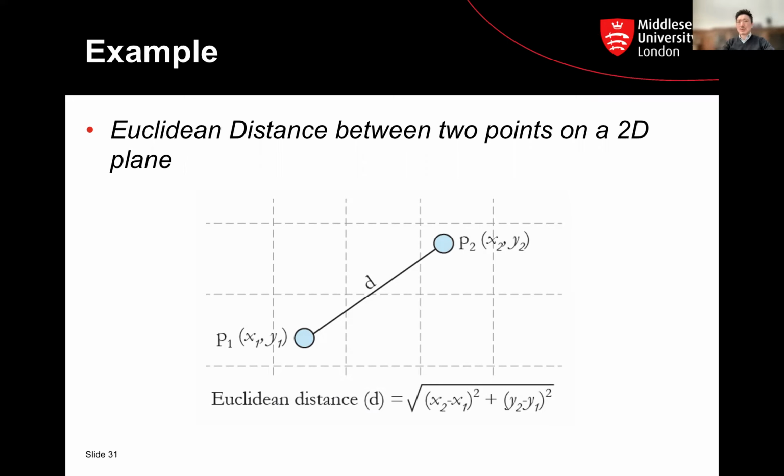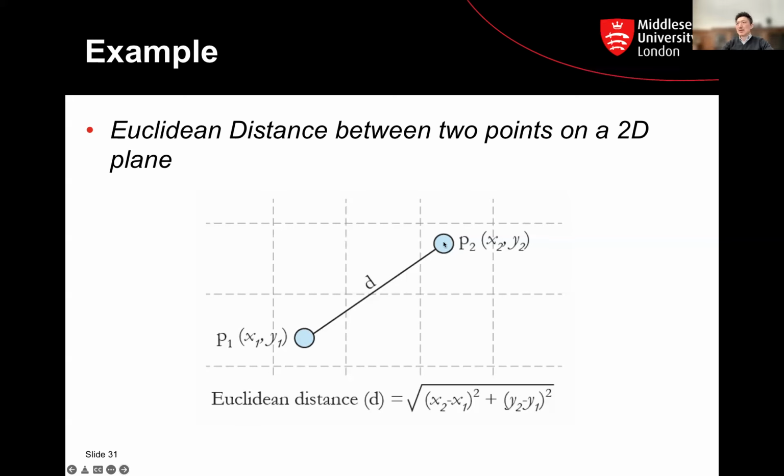For example, if you use Google Maps to calculate the distance between home and university, it is also calculating a distance, but what it gives you is not a Euclidean distance. You are not calculating a straight line from your home to the university, because that's not the actual path you can take in the real world.